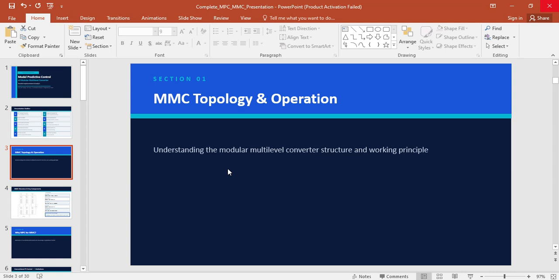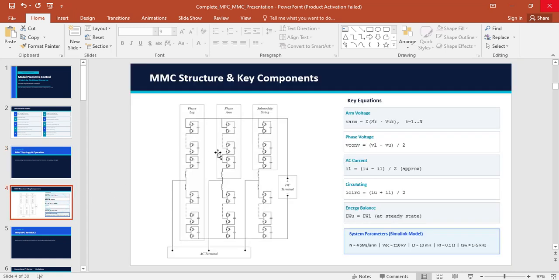All right, so the MMC topology and its operation. The MMC is a modular multi-level converter which comprises submodules. You can see here that there exist submodules, and these submodules consist of two switches and a capacitor if it is half bridge, and four switches and a capacitor if it is full bridge.